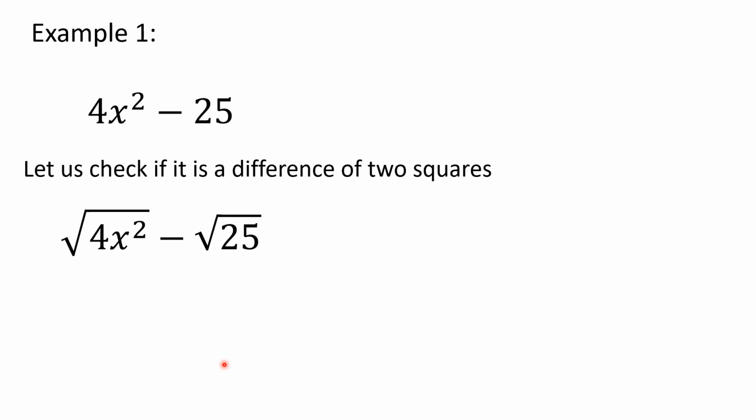So take note, the operation that we use must be subtraction. So that is already checked. Okay, then we extract the square root. So the square root of 4x squared is 2x, and the square root of 25 is 5. So therefore, the given example is a difference of two squares.